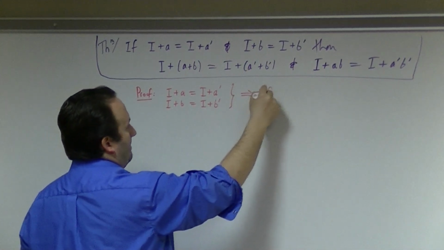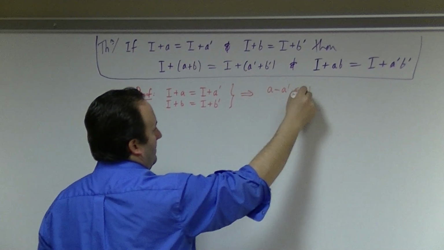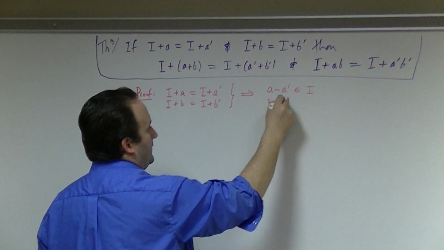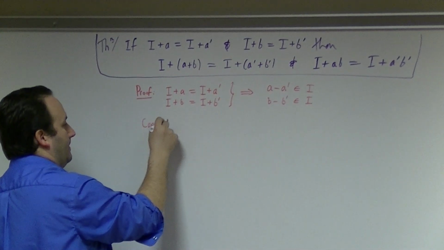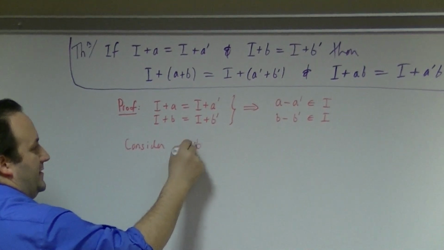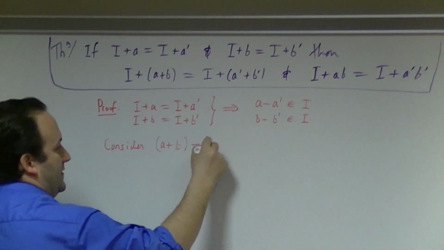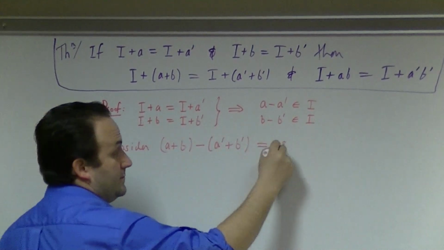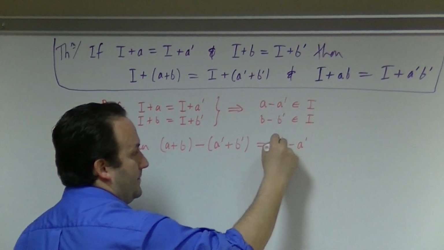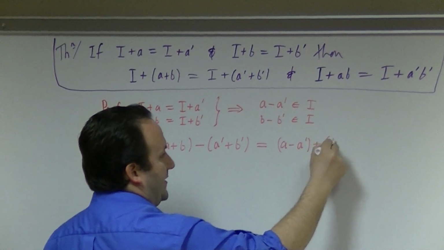A minus A prime is an element of I. So consider A plus B minus A prime plus B prime. What do we get? A minus A prime plus B minus B prime.